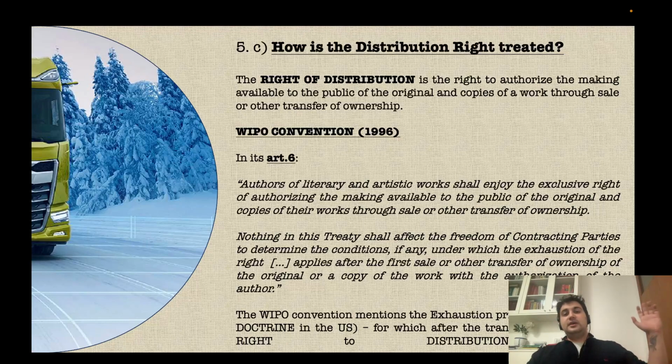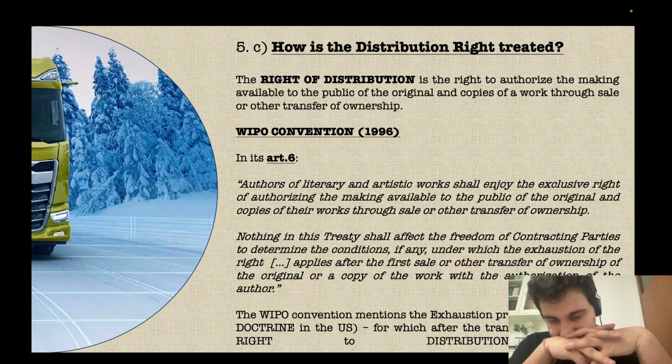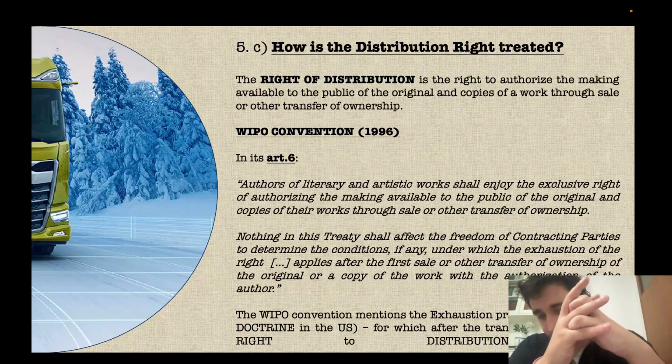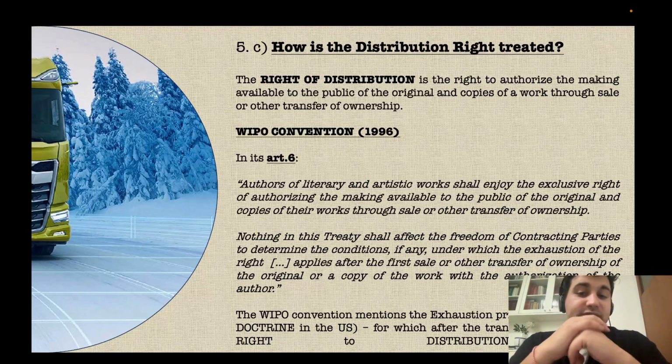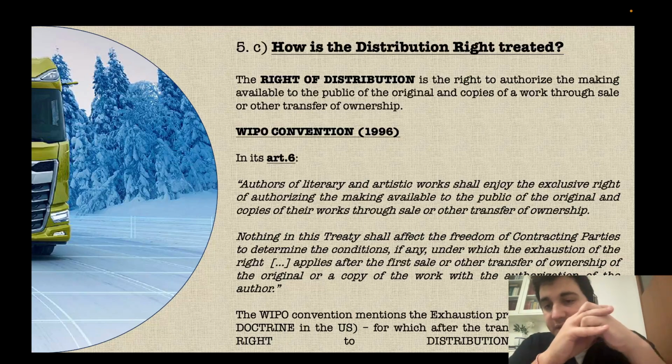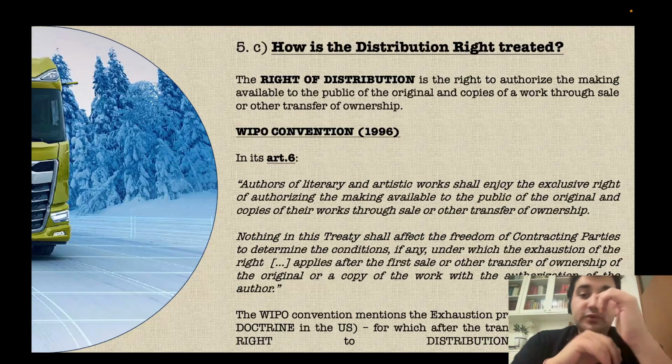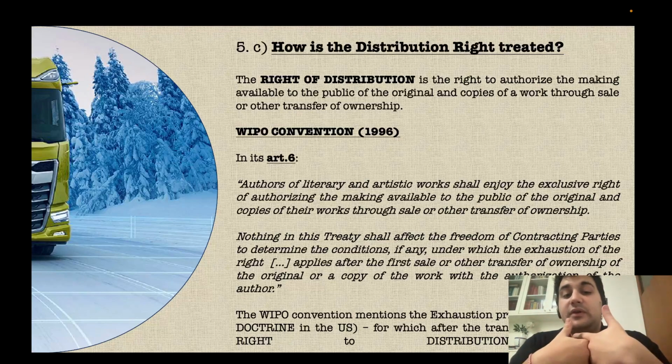So we have the reproduction right, Article 9 of the Berne Convention, while the distribution right is in the WIPO treaty in Article 6, in which it is mentioned how the authors of literary and artistic works should enjoy the exclusive right of authorizing the making available to the public of the original and copies of the works through sale or other transfer of ownership.